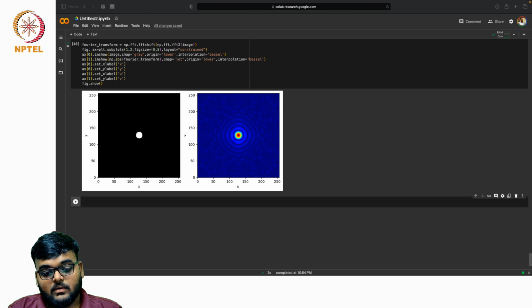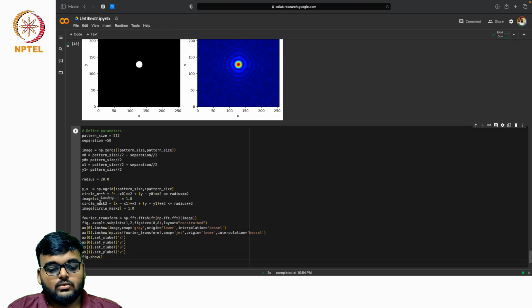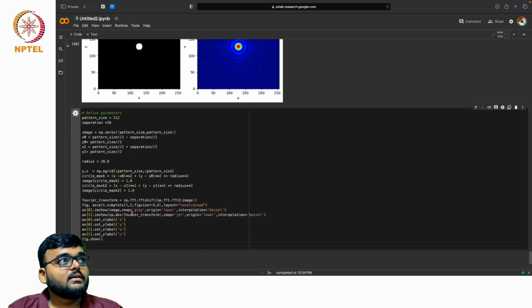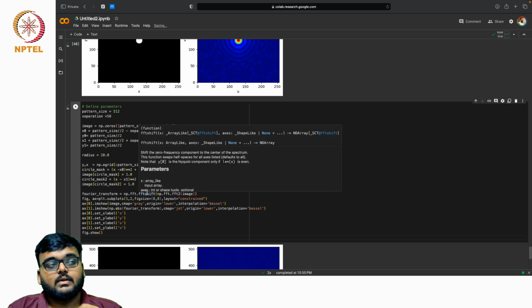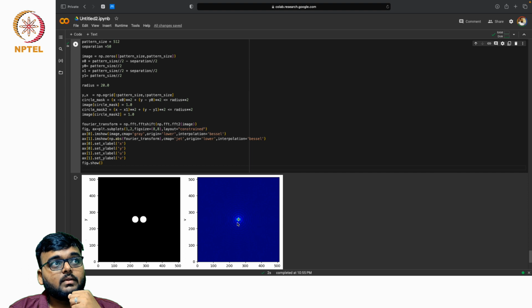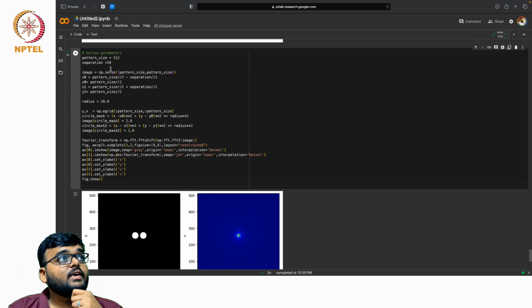Here we will step into the realm of interferometric principles. If we have two circular apertures with a separation of, say, 50 meters, we will see some kind of resolution decrease. See, here we have resolution decrease. Say if I increase this from 50 to 100, what will we see?